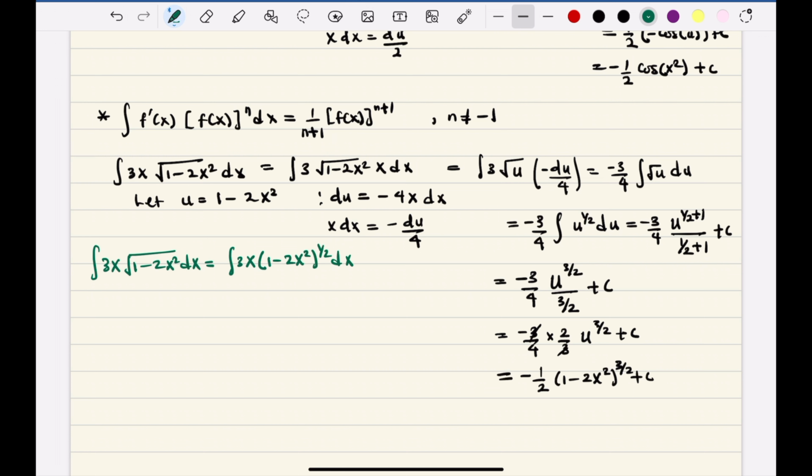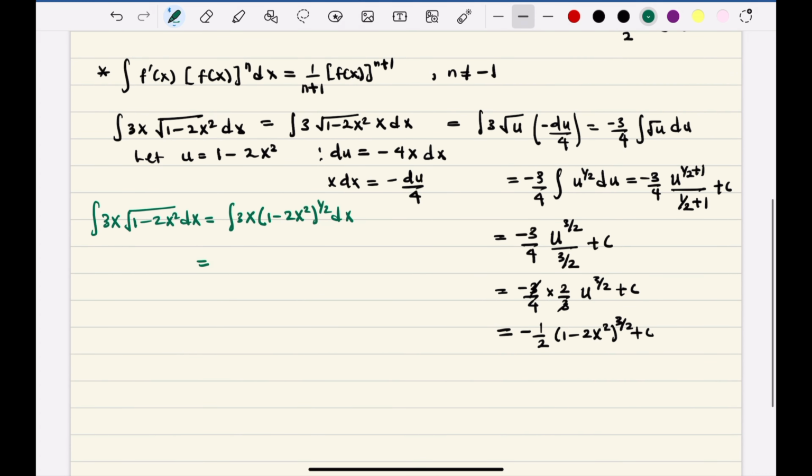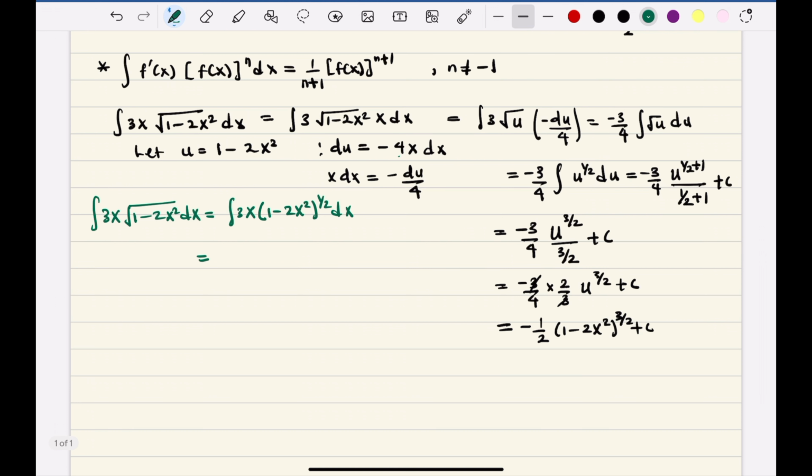We can see that our n here is 1 over 2, which is not negative 1, so it passes the test. Another thing is that it's not yet in the best form. If we differentiate 1 minus 2x raised to power 2, we're going to have negative 4x. So if we differentiate 1 minus 2x squared, we're going to have negative 4x.